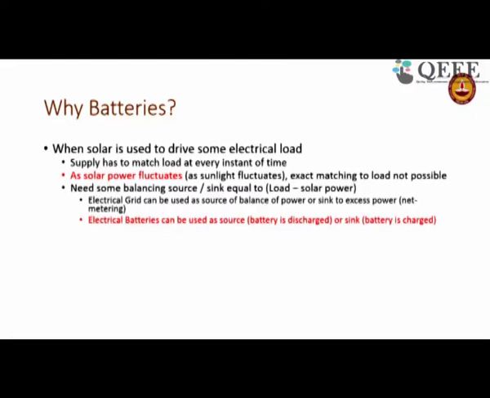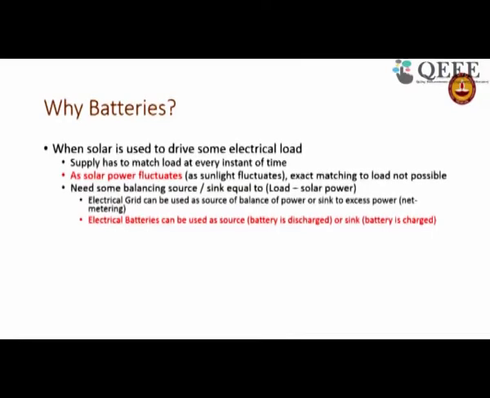alternatively you can use a battery. Now battery is a storage which can take in power, which can give you power. So if you have a battery, in fact grid does not matter. If the solar power is higher than the load, the extra can feed the battery, and if it is less, the battery will supply. And you can even combine solar and grid and still feed.